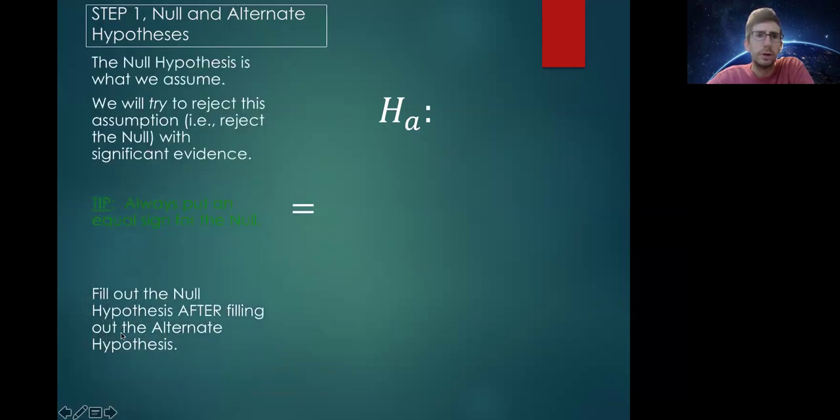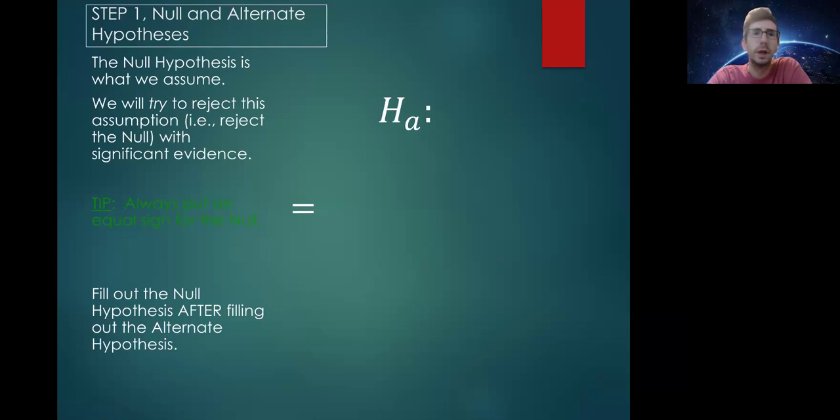So the null hypothesis is what we're going to assume. We're going to try to reject this assumption with significant evidence. So these kinds of questions are going to ask you to test that the mean of this population is greater than some number, right? 30 or 35, or test that it is less than 35.